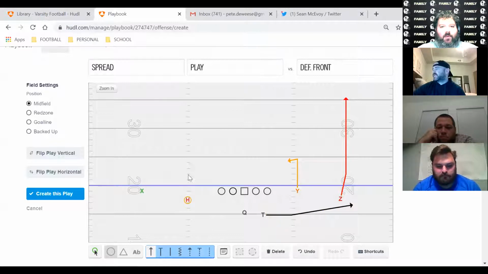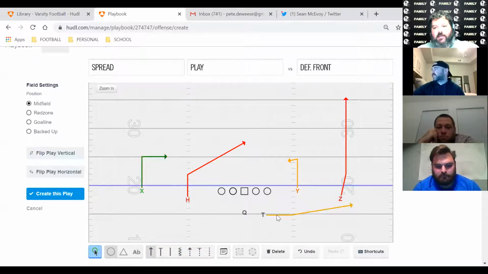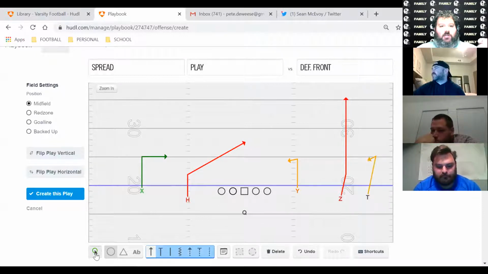A lot of people work double slants on the backside or something similar, right? It's a great concept. And you take that tailback now and line him up, whether at number one or number two, and you just put him in the flat. It's still a great concept.